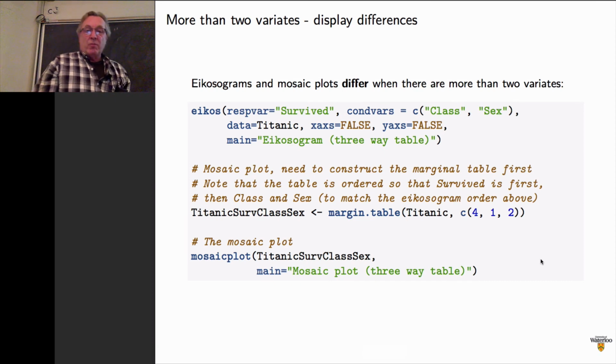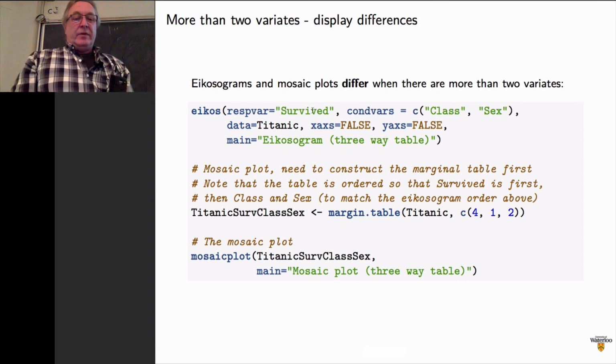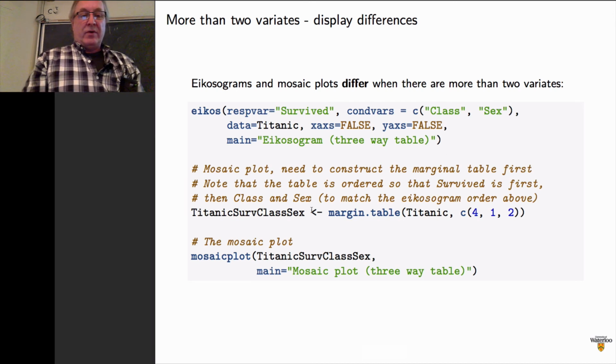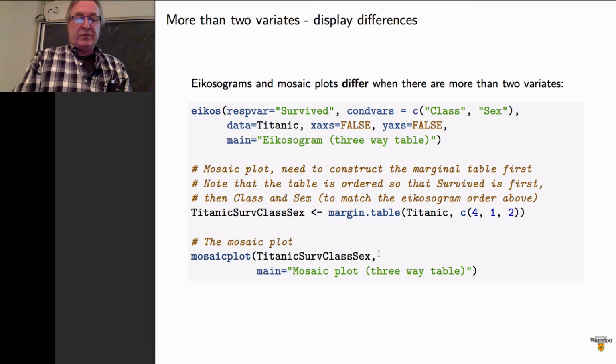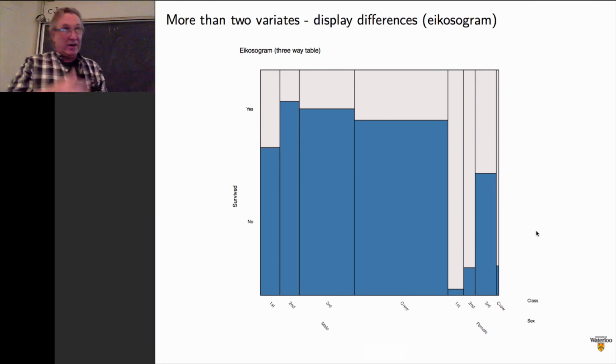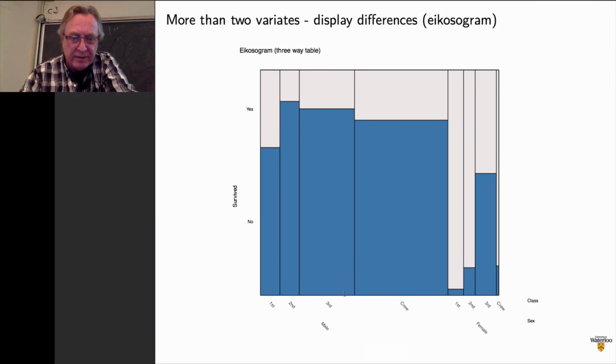Where they differ is when you've got more than two variates. We've looked at having the response in class and sex together on the Eikosogram versus looking at this for the Mosaic Plot. So here's the Eikosogram, and now I've got three variates. On the left, I have males: from here over, crew, third, second, first.